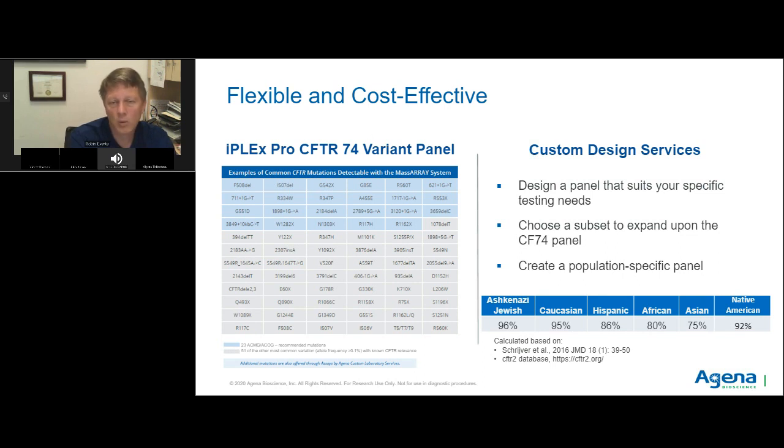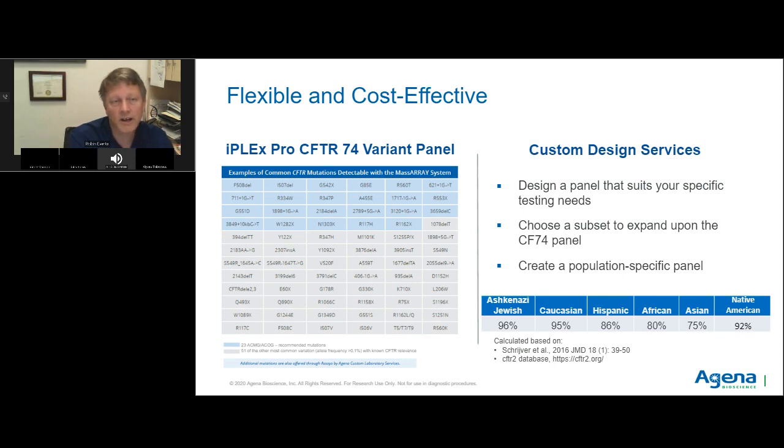You can also say, well, we like, say, CF74, but we also need a few additional markers. So we could also develop just one multiplex with some additional markers. Or you can get a population-specific panel if you are, say, in an area with a high prevalence of Hispanics or Asian ethnicity, then you might want to create a population-specific panel. And that can all be done using our Assays by Agena, our custom design services.